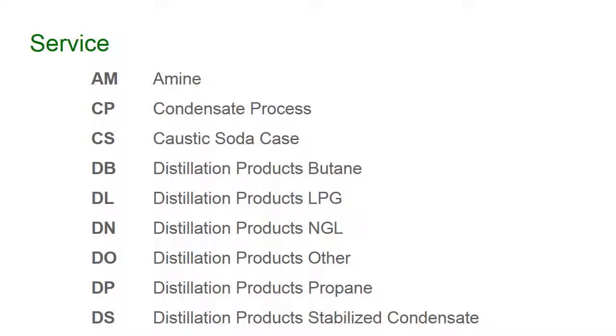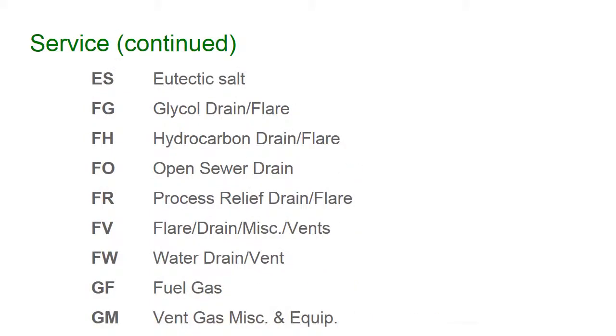DP, distillation products propane. DS, distillation products stabilized condensate. ES, eutectic salt. FG, glycol drain flare. FH, hydrocarbon drain flare. FO, open sewer drain. FR, process relief drain flare.